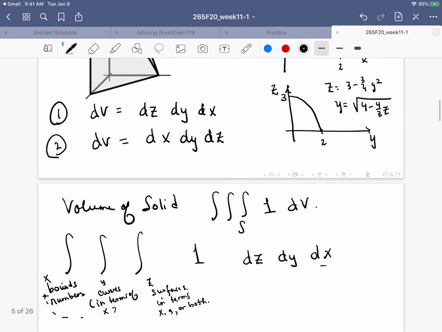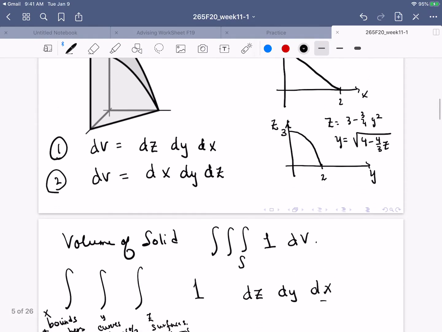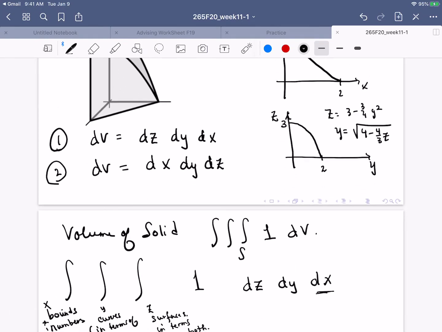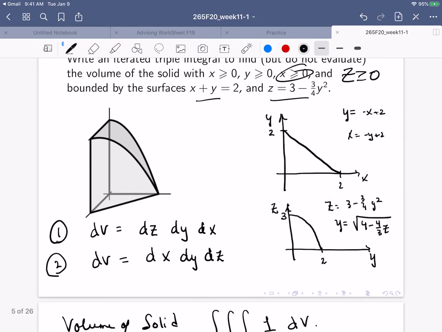Okay, so if I take a look at my solid, I want to find the outermost bounds first, dx. The book works through finding the bounds for the innermost integral first, and that's perfectly fine as well. So suppose we consider dx. If I look at my three-dimensional surface, here's x. x goes from 0 to that value right there, or I can think of a point on that back yz plane.